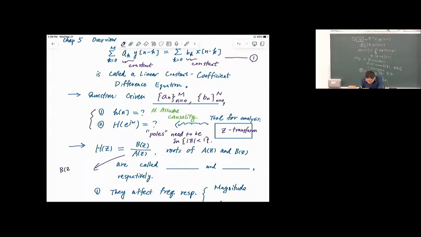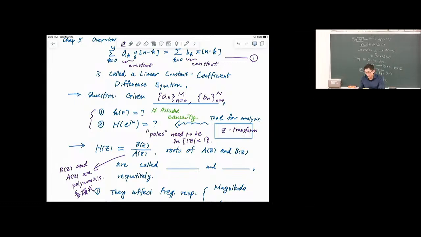B of z and A of z are polynomials, for the difference equations that we are going to encounter throughout the semester.